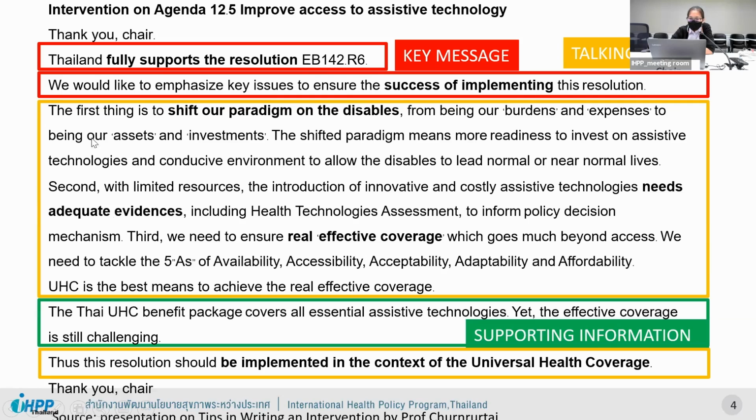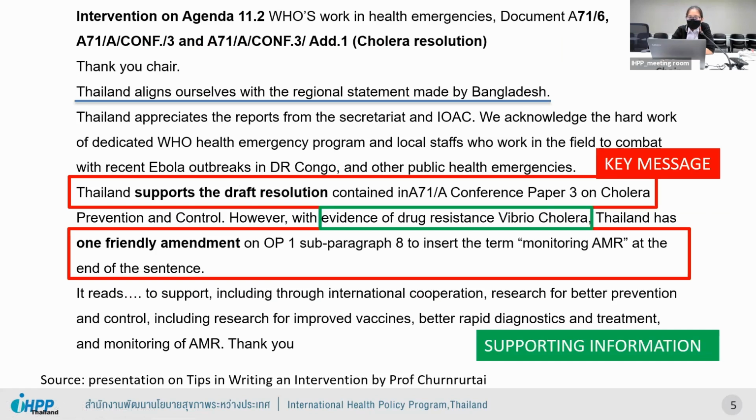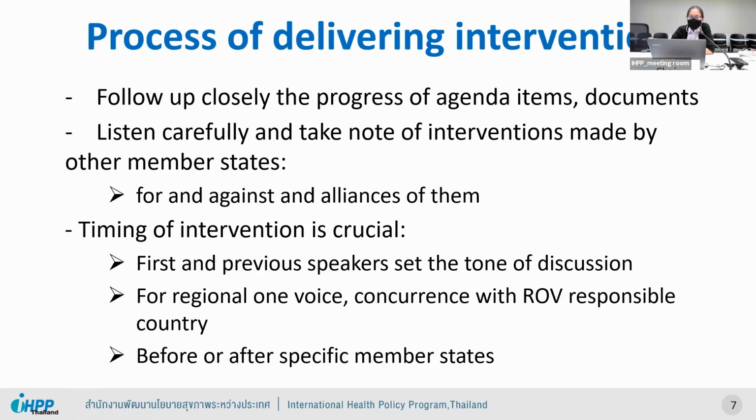Then what are the talking points? The talking points are that we have to shift our paradigm, we need adequate evidence, and we need real effective coverage. So people can understand what you mean by the success of implementing the resolution. And then you may provide supporting information for that.